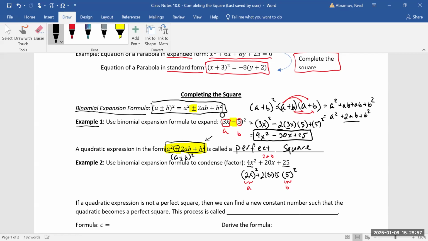Let me write this still nicer. So it's the same thing as 2 times 2x, which is our a, times 5, which is our b. And please remember that 25 was, oops, I should write it was not 25, but 5 squared.